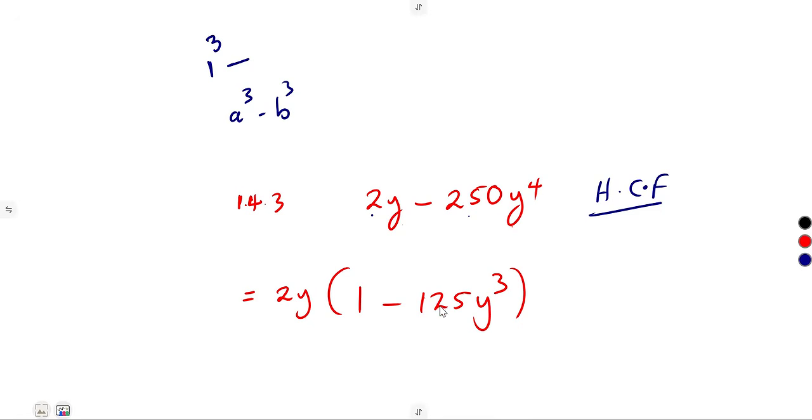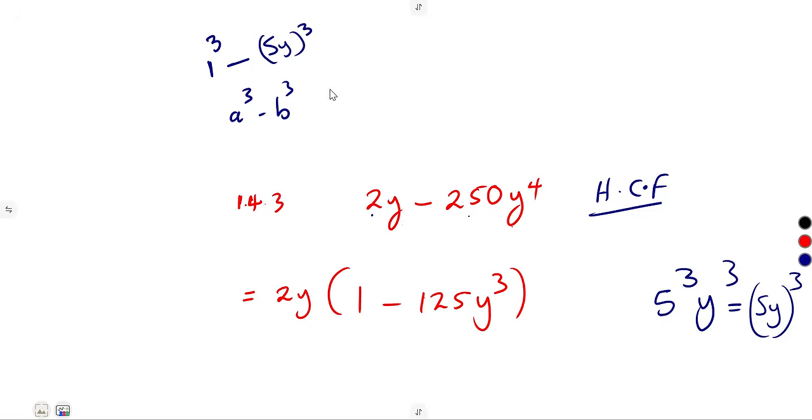Minus the 125 that we see, it is same as 5 to the exponent of 3, y to the exponent of 3, which we can just rewrite as 5y together to the exponent of 3. So it is the same as 1 minus 5y to the exponent of 3. This part that we are seeing here. So it's a difference of 2 cubes, where we have got our a and our b. Our a as what? As 1. Our b as 5y.